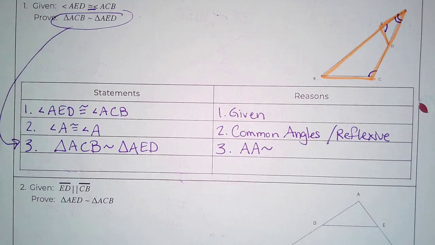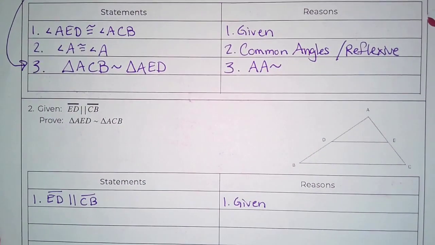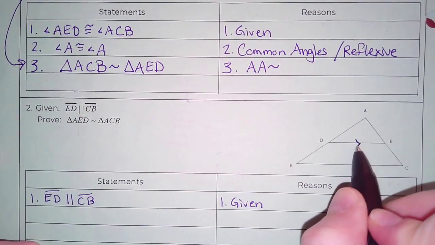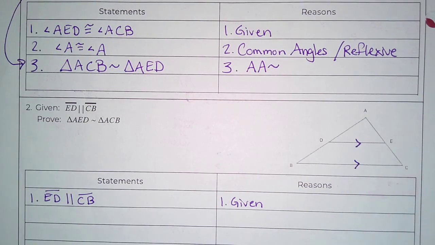Okay, number two. We've already written our given down. It says ED here is parallel to CB. Okay, the only reason that we're probably using parallel is to try to get alternate interior or corresponding angles. Evan? Good, jumping right in with that reflexive angle.